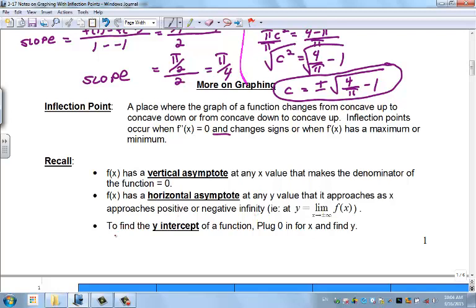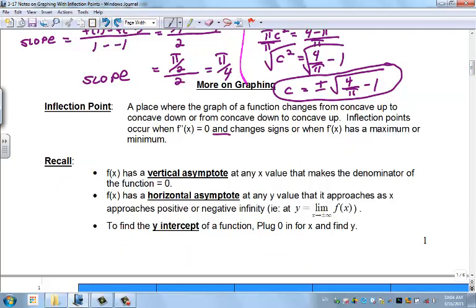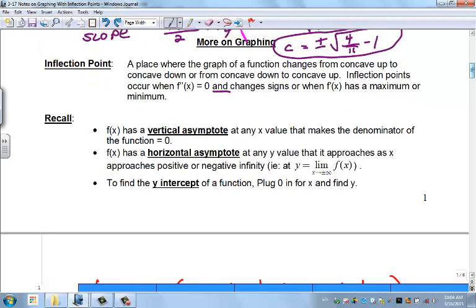And finally, to find the y-intercept of a function, you plug in 0 for x and find y. So we're going to include all of this information on our graphs. We're going to include what we included with the critical points, and we're going to include inflection points. So we're going to get a really good sketch of our graphs.